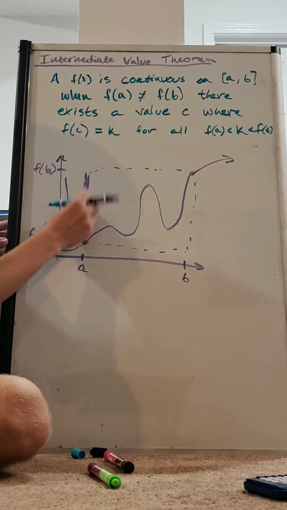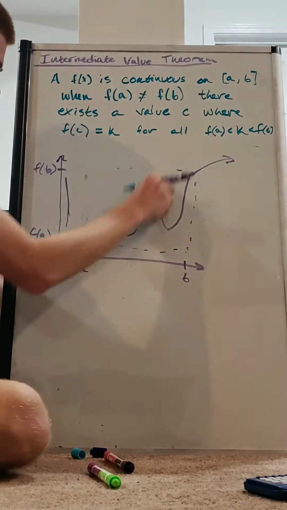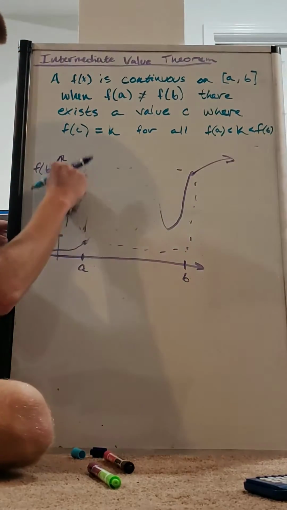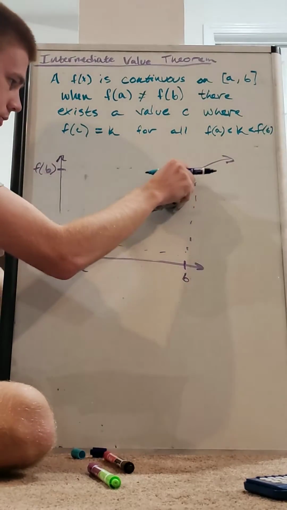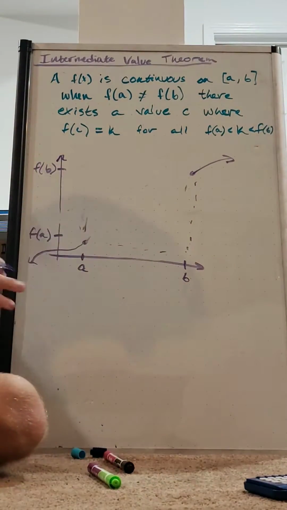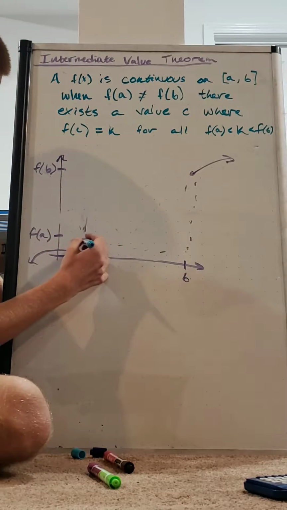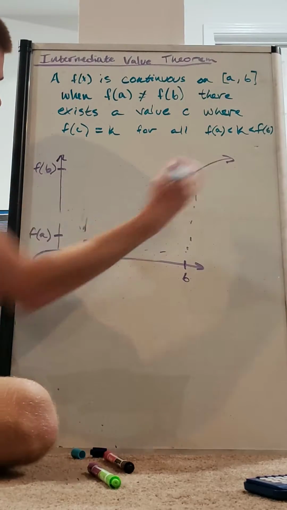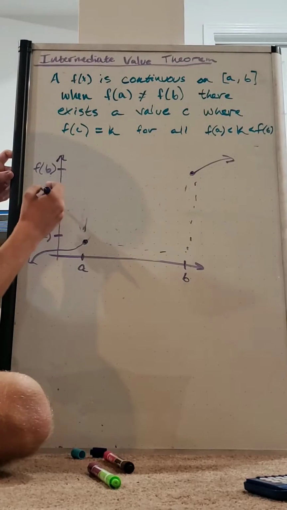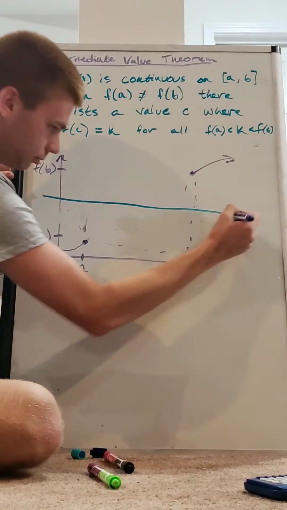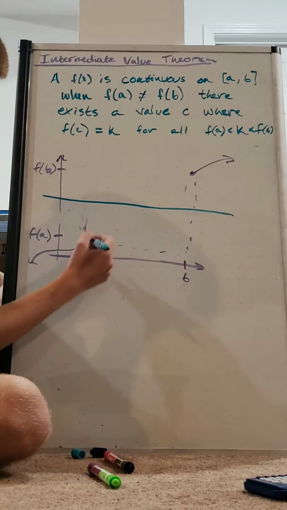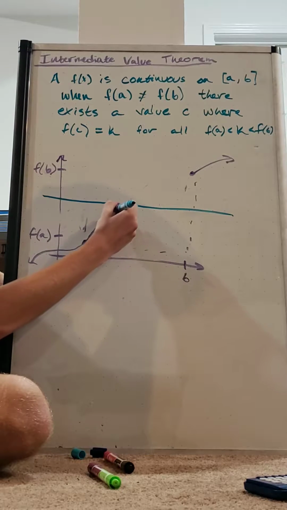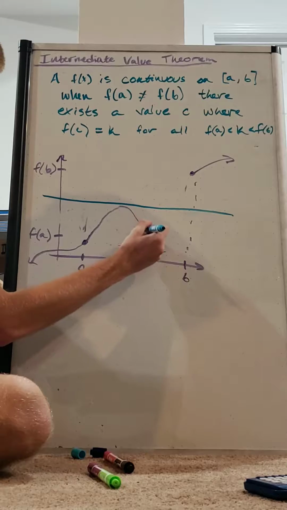So to further explain this, let's try and prove the intermediate value theorem wrong. So let's say you're trying to get from here to here, but we never want to cross this line. So, okay, we got to go up to get to this point. So we go up. Oh, we don't want to cross this line, so let's go back down.